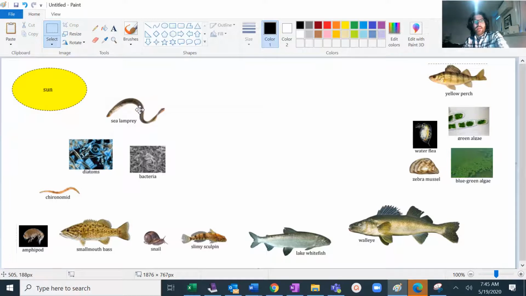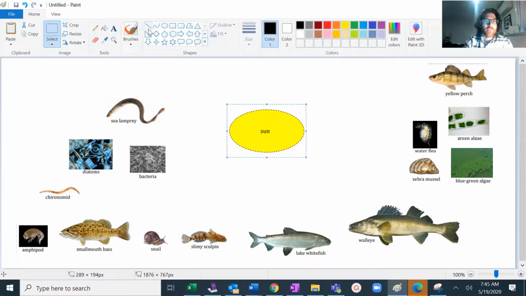Okay? And so now, using the Microsoft Paint features, I'm able to move these things around. I'm able to make arrows like this, right? Or I can find the actual arrow function, right?